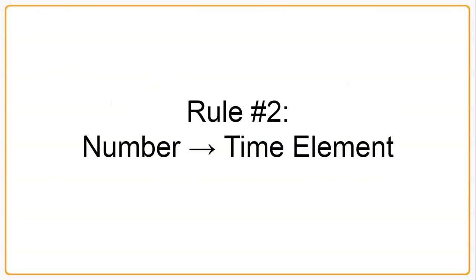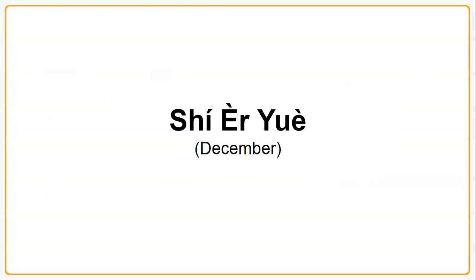Okay, so now that we have that settled, let's move on to rule number 2. This rule says that the numerical value always comes before the time element. Numerical value before time element. Now, what does that mean? Let's take the month December, for example.